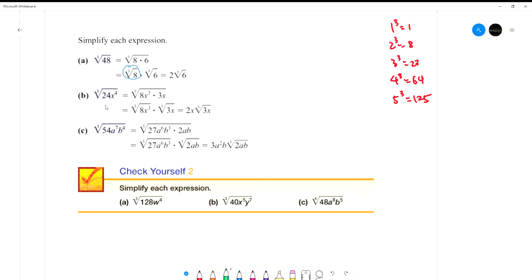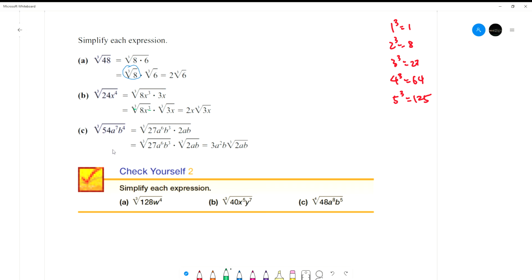Let's look at the next one. Cube root of 24, what's the largest cube I see? It's 8 again, so we've got 8 times 3. Now, because this is a cube root, I need my variables to have exponents that are a multiple of 3. For the square root, it was multiples of 2.